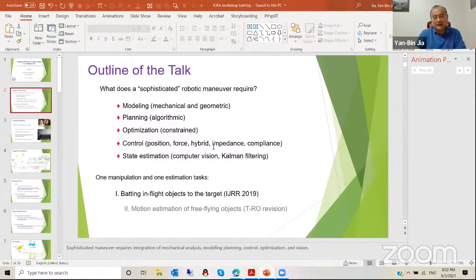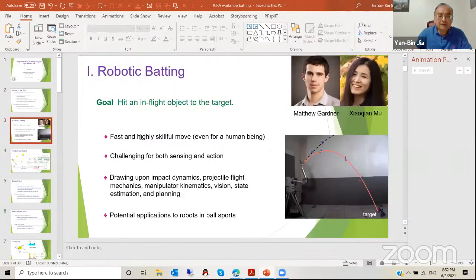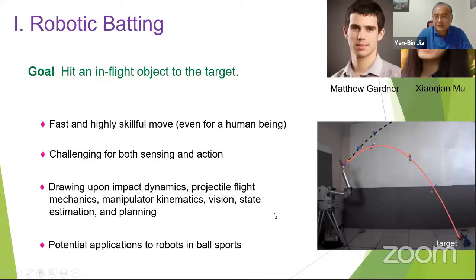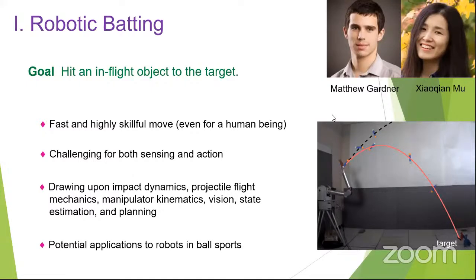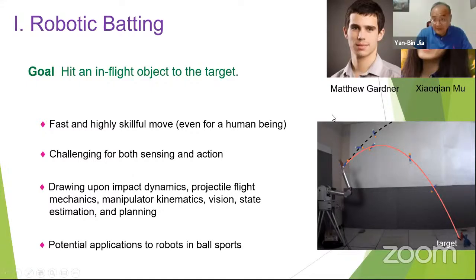And as a byproduct, I'm going to look at the motion estimation of free flying objects, which is a component of that. This represents the work with my former PhD student, Matthew Gardner, who's currently working at Boston Dynamics, and Xiao Qian, who's graduating pretty soon.